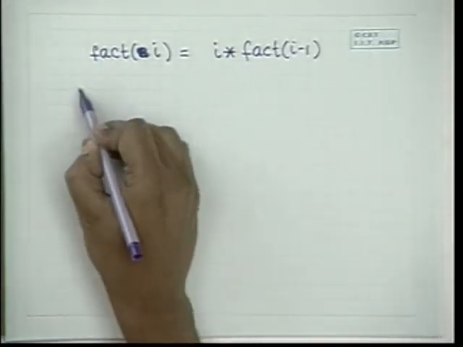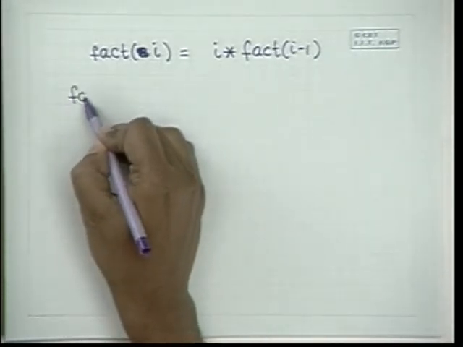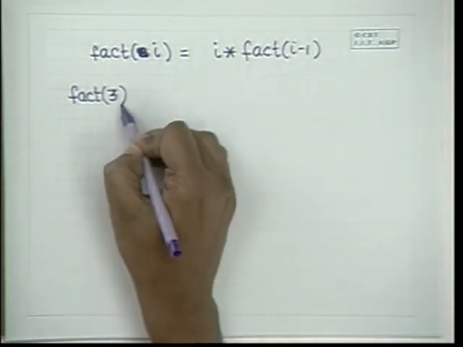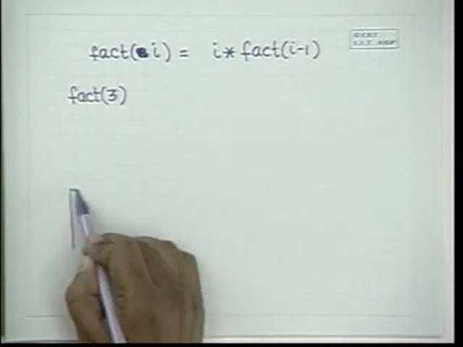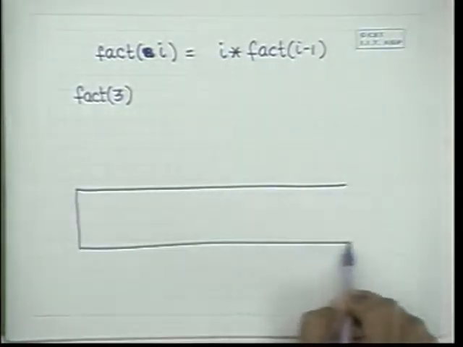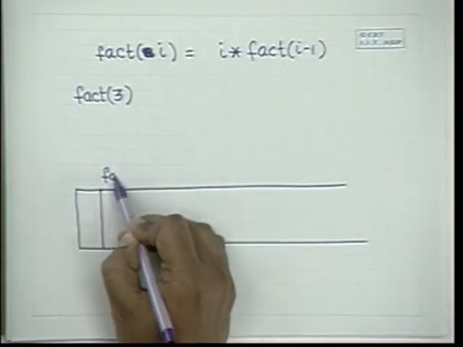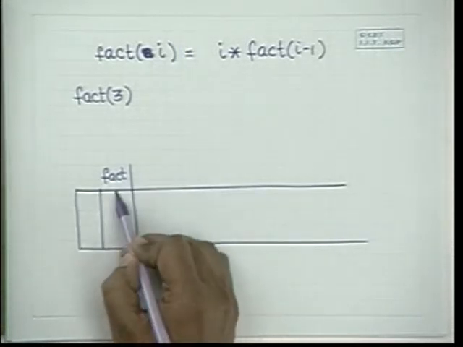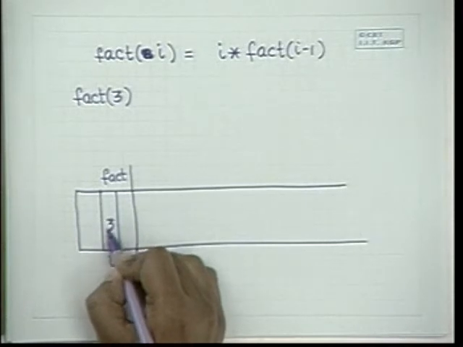Now suppose it is called with a value. So in the main program, suppose you read in the value 3 and you call it with fact 3. So now what happens here? A data segment for fact is called, and here you have got the variable I which takes in the value 3.